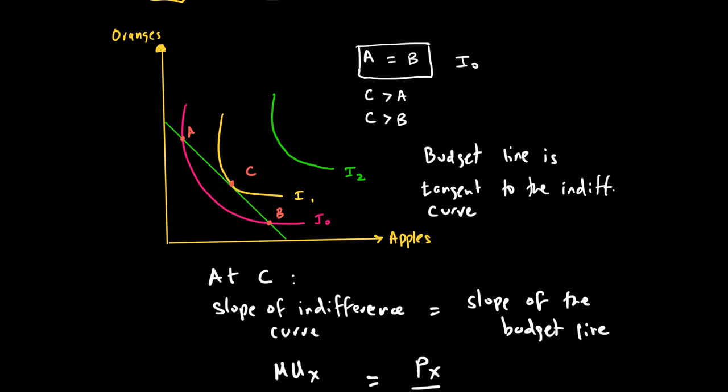So remember this: economic analysis says that an indifference curve that is to the right of my budget line and is tangent to my budget line is the one which I will choose, which gives me the maximum possible satisfaction, and it is affordable, and it is the point where the equi-marginal principle is true, that is, the slope of the budget line is equal to the slope of the indifference curve.